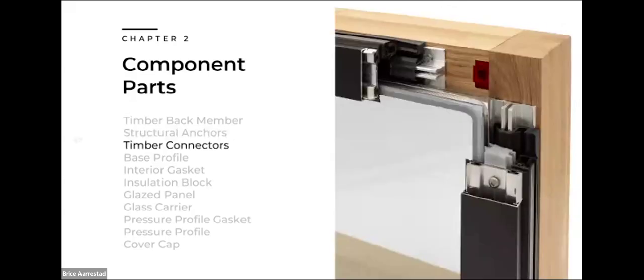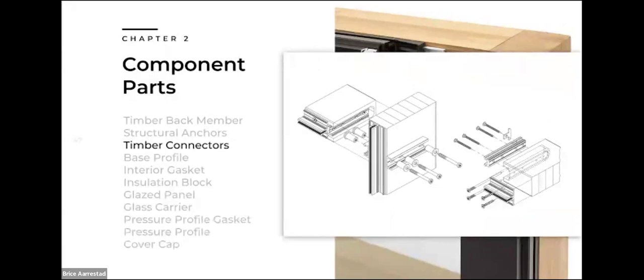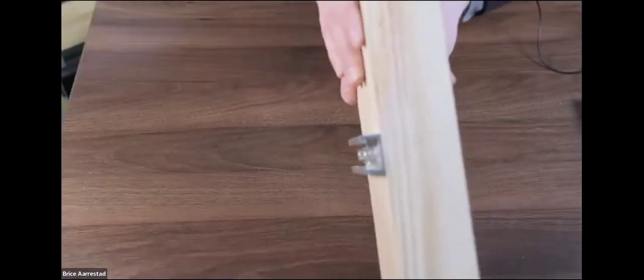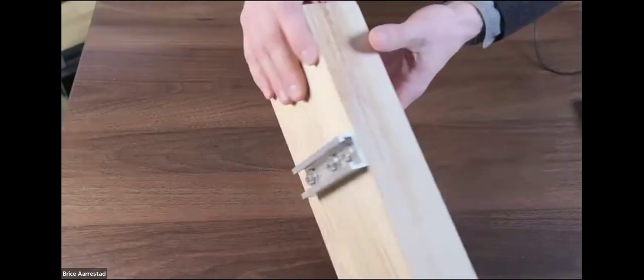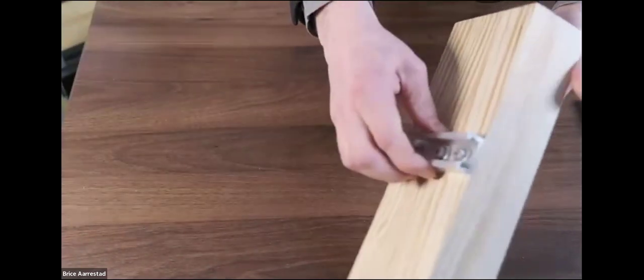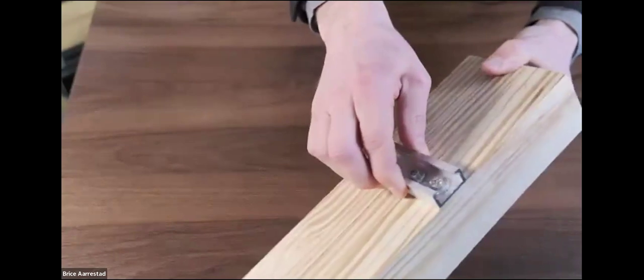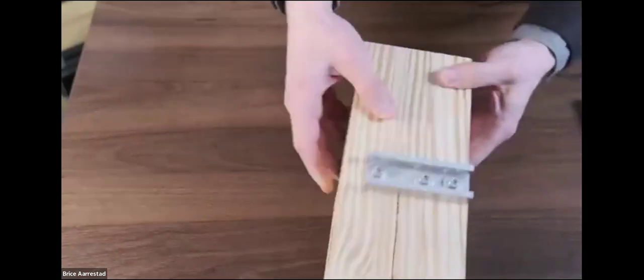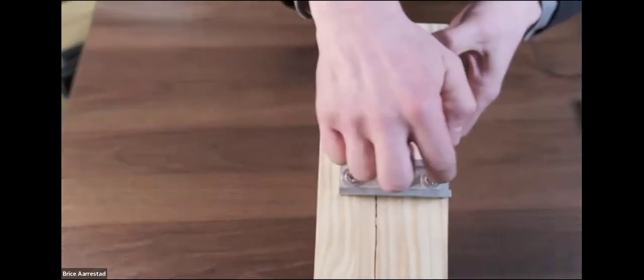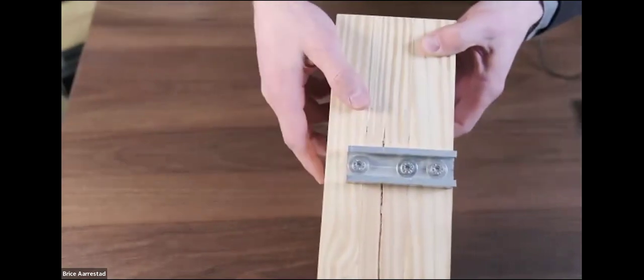If we are working our way from the inside out, the next component I want to talk about is the timber connectors. And maybe the best way to do this is to show you another demonstration here. This is a hidden fastener system. So what I've got on the screen here is, if you can consider this a mullion, this clip here is the male side, and it would be attached to the mullion in our factory.